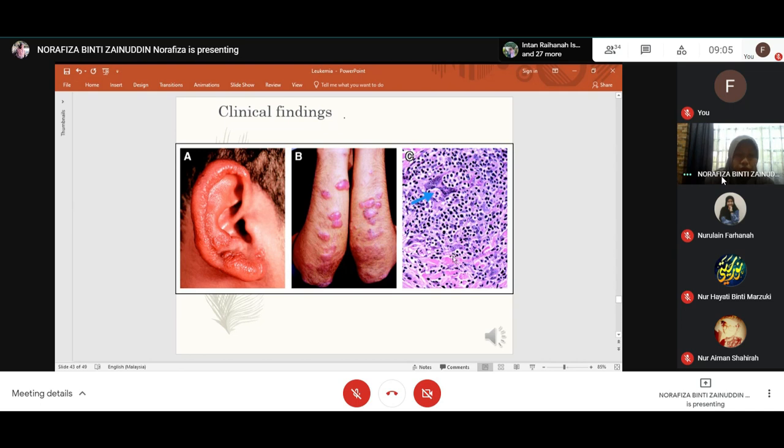Okay. So when they did a skin biopsy, they found a diffuse infiltration of small irregular lymphocytes. Scattered blasts were observed. Histology was conclusive for unspecified peripheral T cell lymphoma.